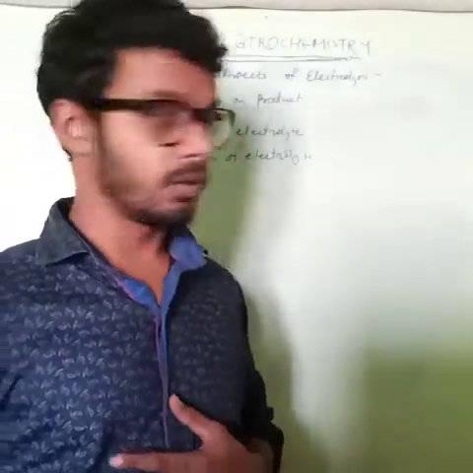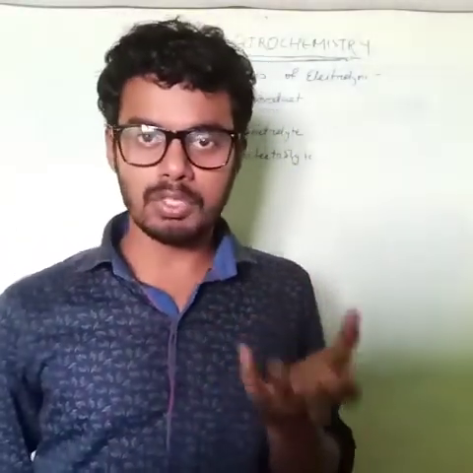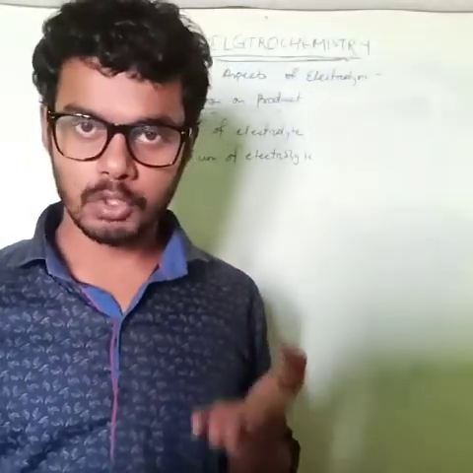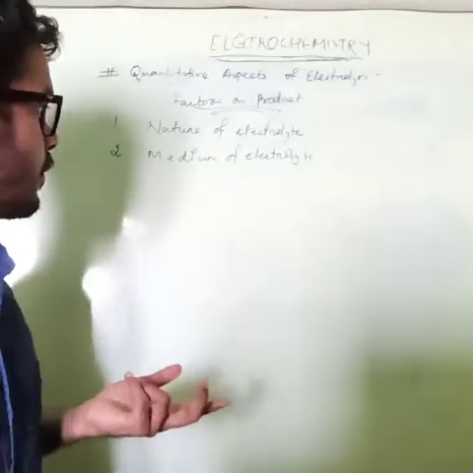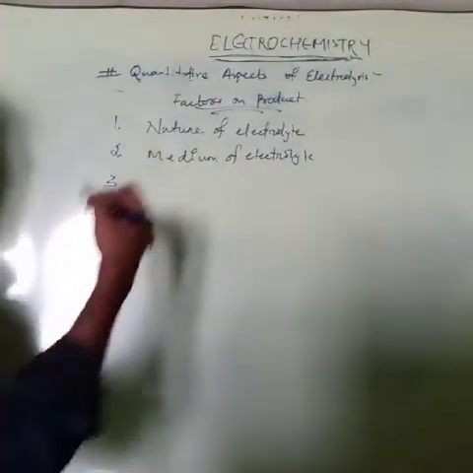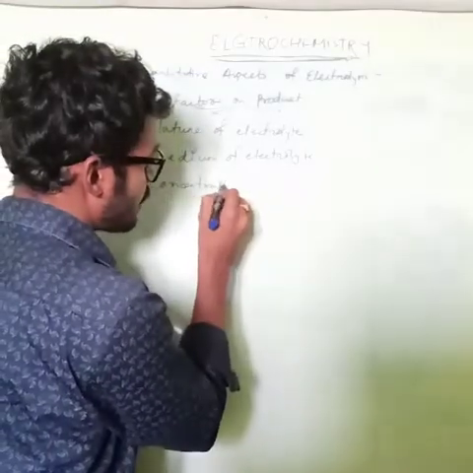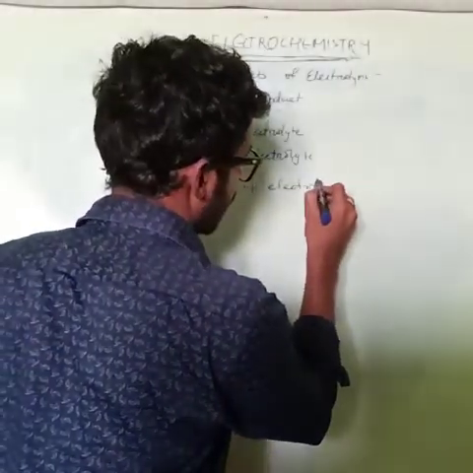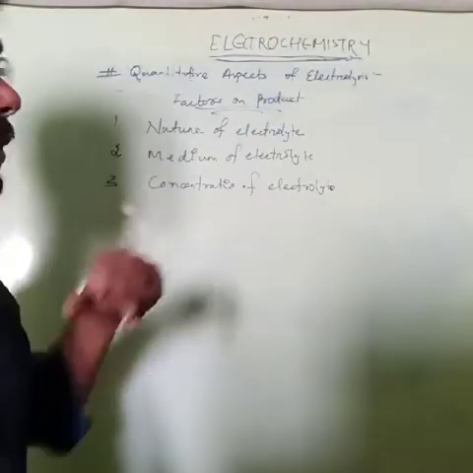We know that in liquid state the passing of electrons is easy, whereas in molten state it is quite slow, and in solid state no. Next is the concentration of electrolyte. So basically these are the factors that the product depends upon.